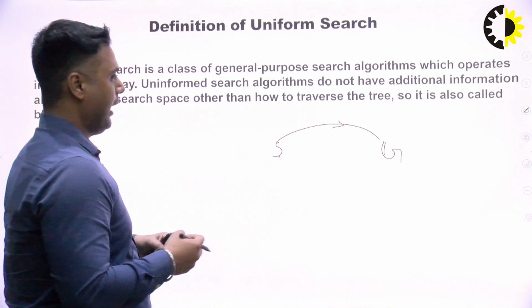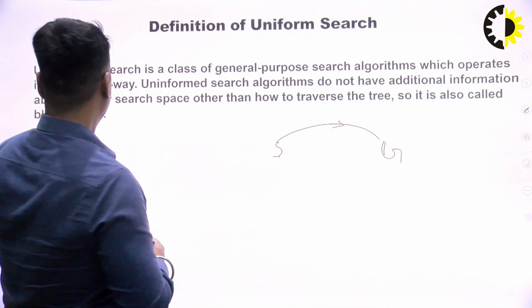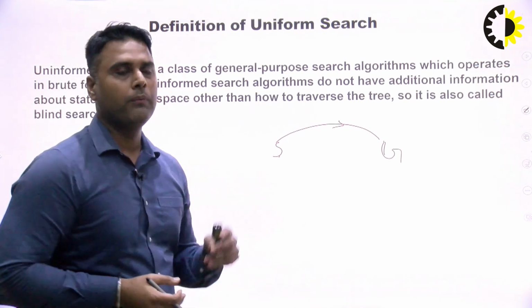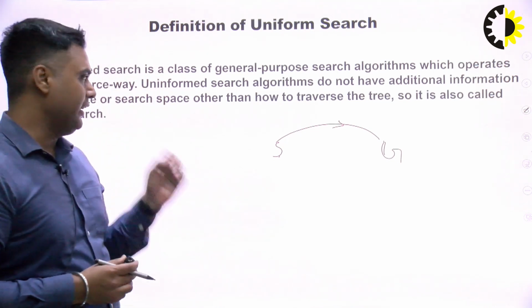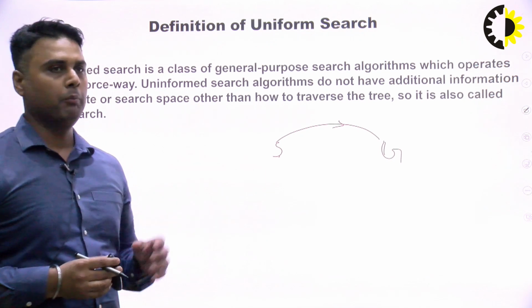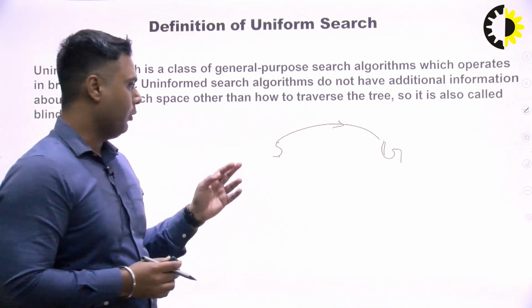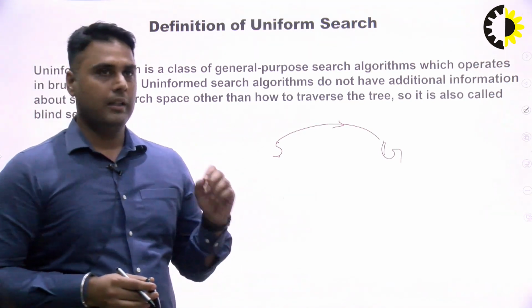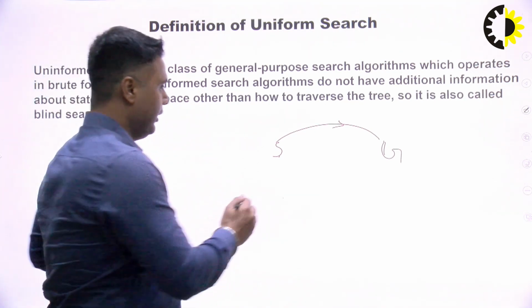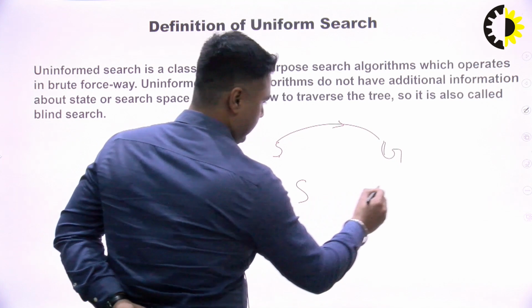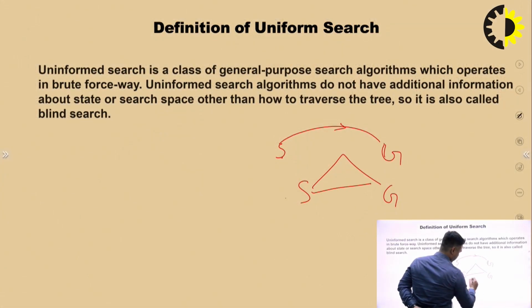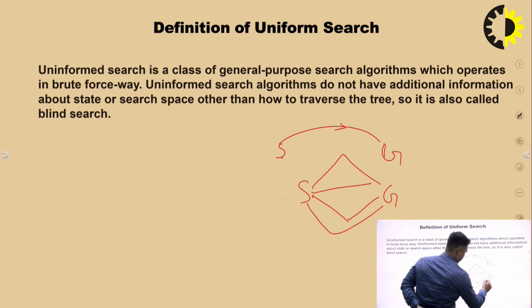So I have to use brute force and blind search techniques. That means in brute force search, all possible movements are used for going from the start state to the goal state, and all states are followed. If the goal state is here, then all possible moves are used without any idea mentioned.